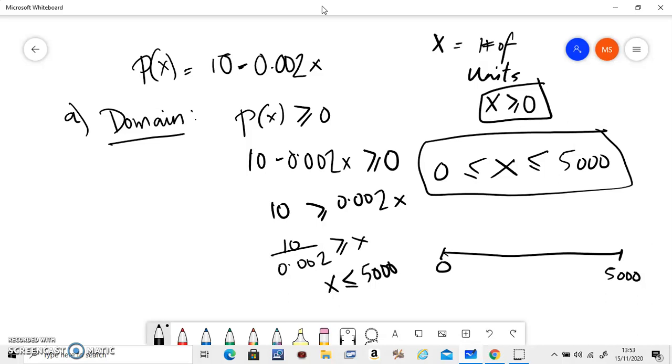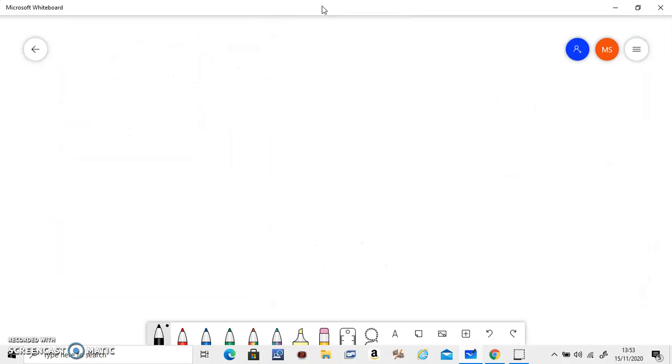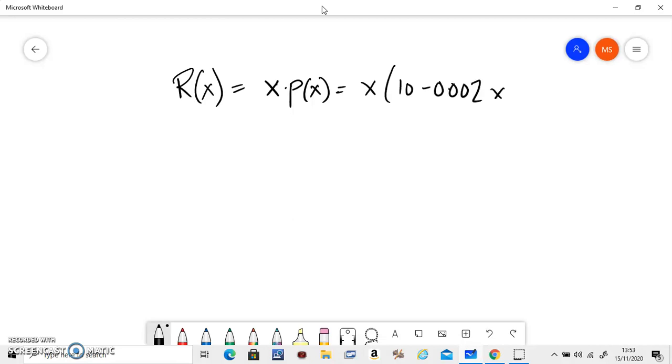Okay, next question. If I say find the revenue function now, so it is just x times p of x. We'll use the same p of x as before. So it's x times 10 minus 0.002x. So that becomes 10x minus 0.002x squared.